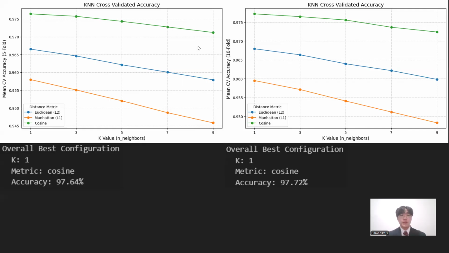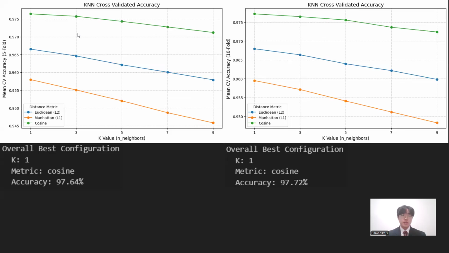Two things we can note for this graph is that as k increases, the overall mean cross-validation accuracy decreases, so there was no need to try higher k values. And for the distance metrics, we can clearly see that the cosine distance metric performed the best.